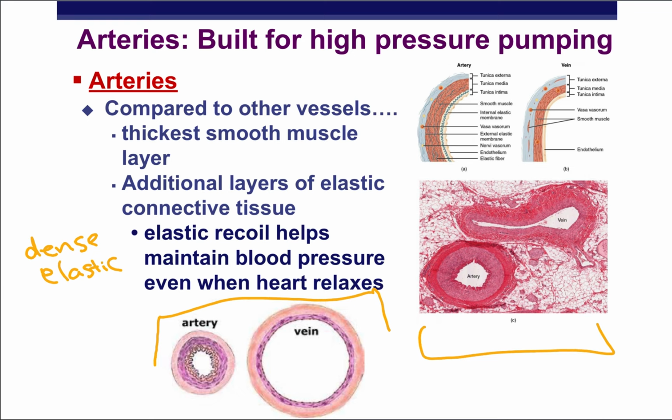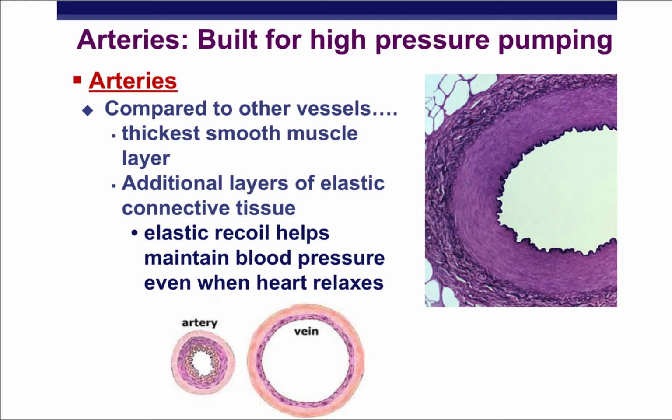There's always enough force in the arteries to constantly push the blood towards your body tissues. Okay? And again, this is a classic picture of the dense elastic tissue found in arteries and, to a much lower degree, in your veins.